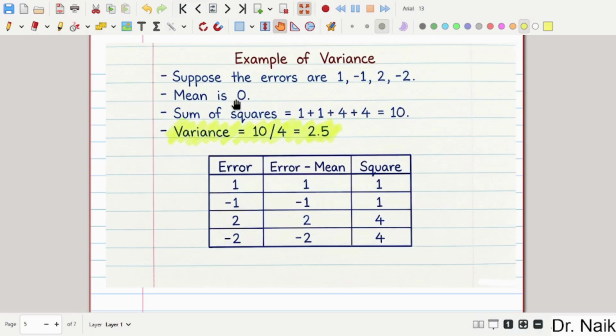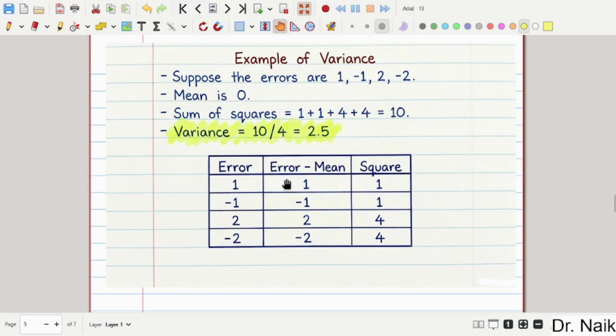Now find out the error minus mean. So 1 minus 0 is 1, -1 minus 0 is -1, 2 minus 0 is 2, -2 minus 0 is -2.